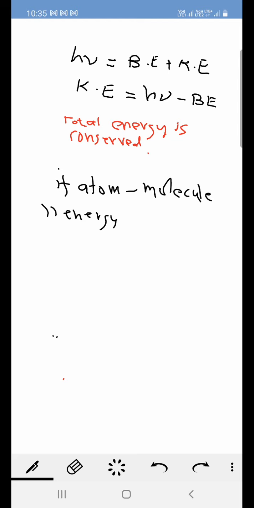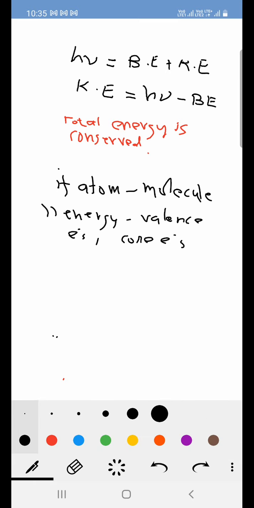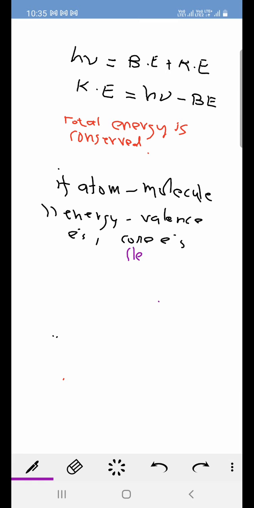So in that case, the energy of the valence electrons of a particular atom and also the core electrons, but to a lesser extent, they all get affected. So they get modified.